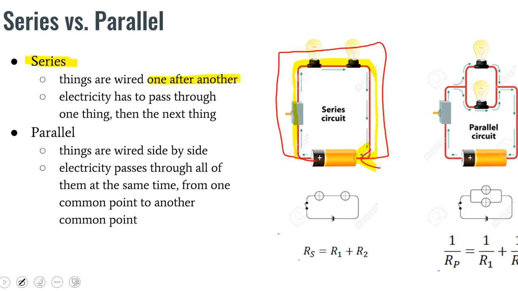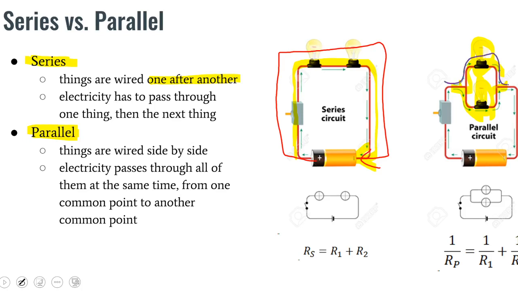series. The alternative is called parallel, and in parallel, for example, these two bulbs are connected in parallel. That means the electricity can pass through either of them to reach the other end. So the flow of electricity is not limited to it only going through one of these.